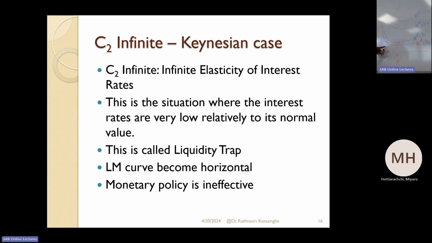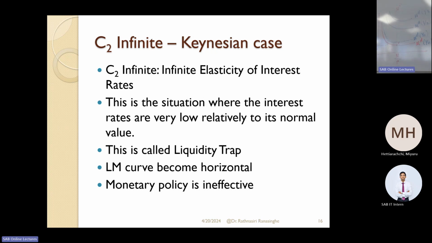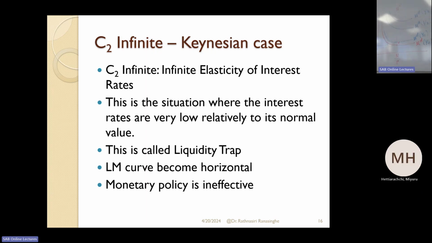Under the liquidity trap situation, the money market rates, or the interest rate, are very low, so the yield curve becomes horizontal. There also we see the monetary policy is not effective.